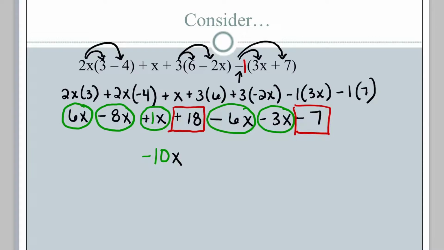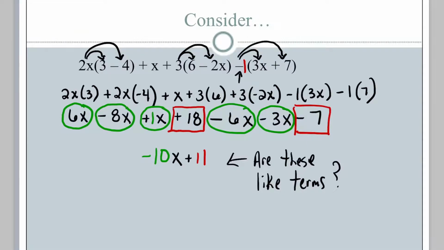Looking at the red boxes, these are our constants. So I have 18 plus a -7, which is the same as 18 minus 7, which is a positive 11. So looking at this remaining expression, our -10x and positive 11, are they like terms? Are these like terms?